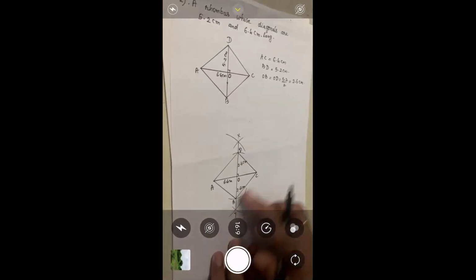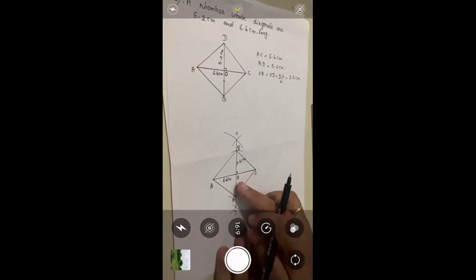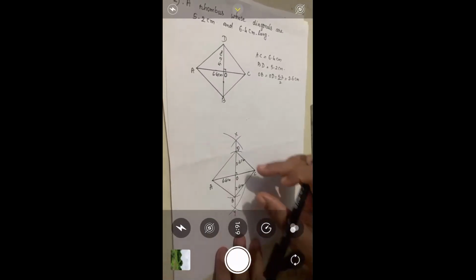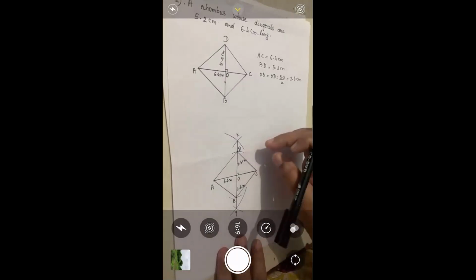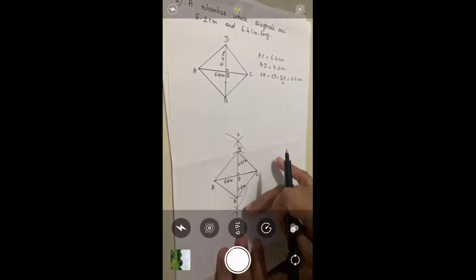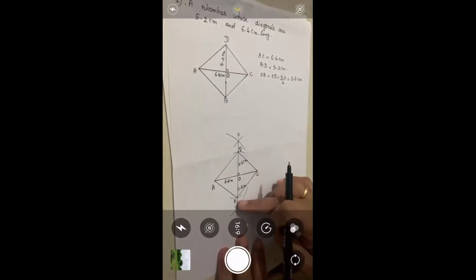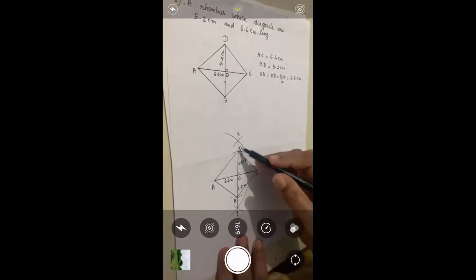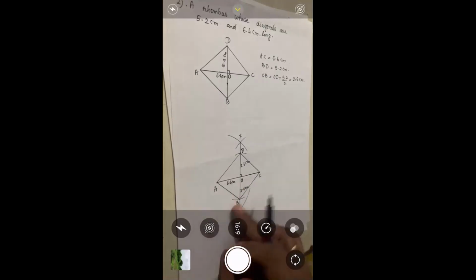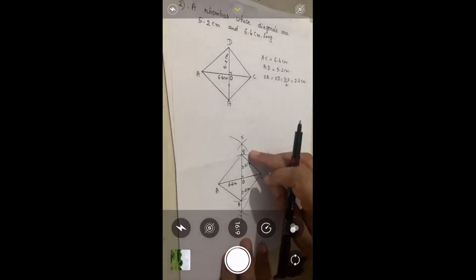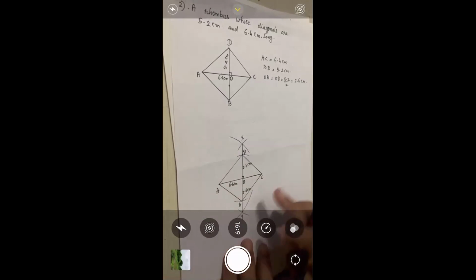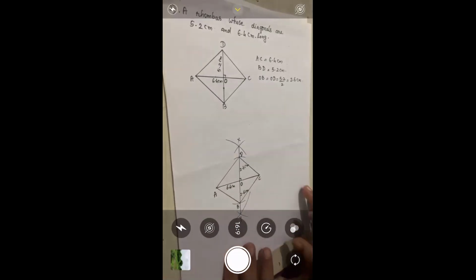Now, next step, with O as center, radius 2.6 centimeter, draw arc on both the sides of line segment AC. And name the point of intersection of arc as B and D. Then join AB, BC, CD, DA. And our rhombus ABCD is ready.